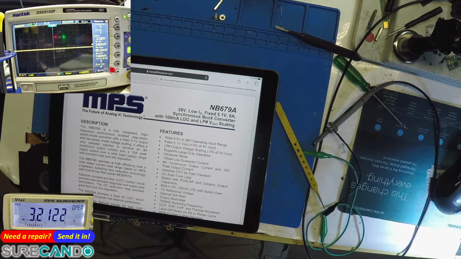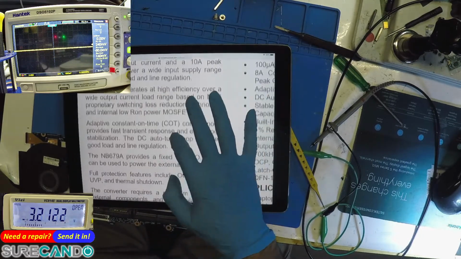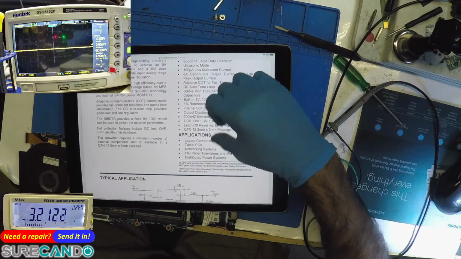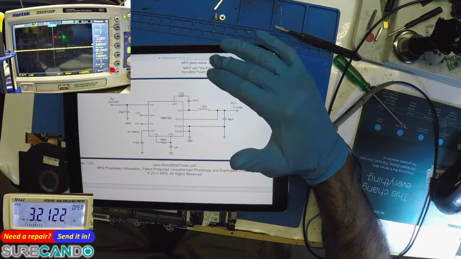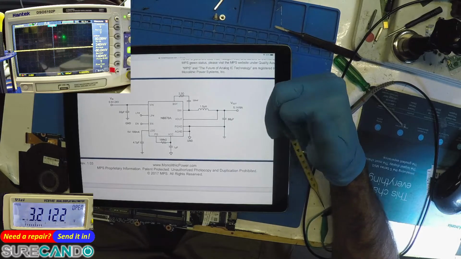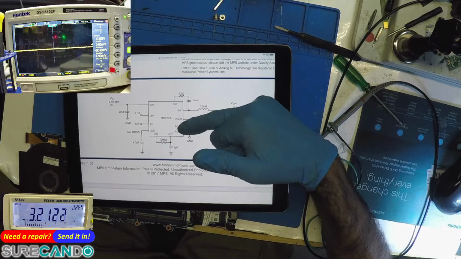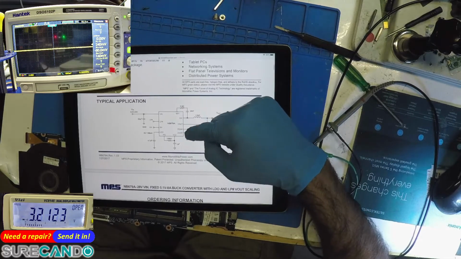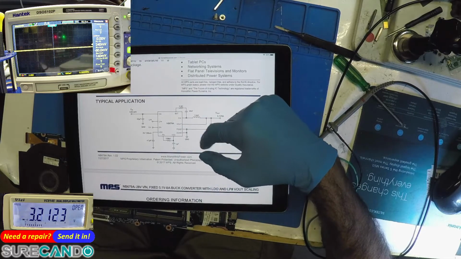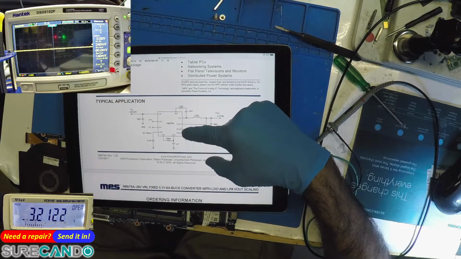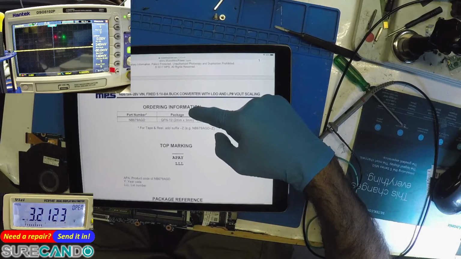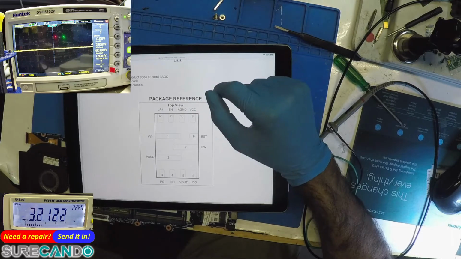Okay, LDO. Yeah, 5-volt LDO. See. Voltage in. Okay, voltage out, 5 volts. Enable signal is okay. We're going to enable LDO. VCC. Ground. Okay.